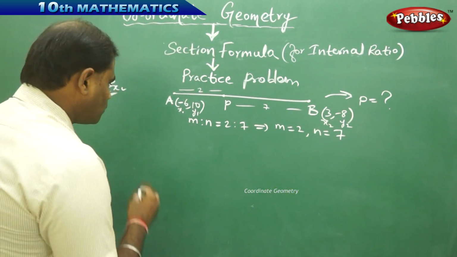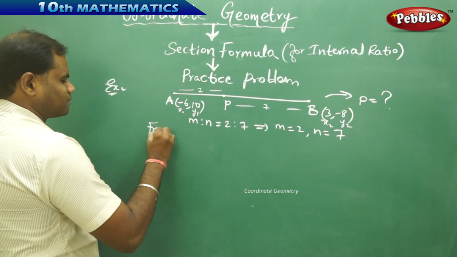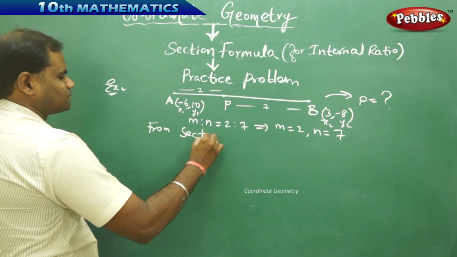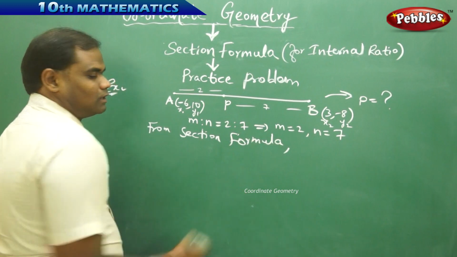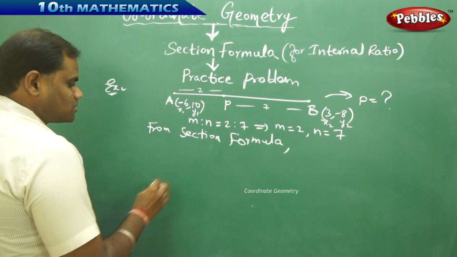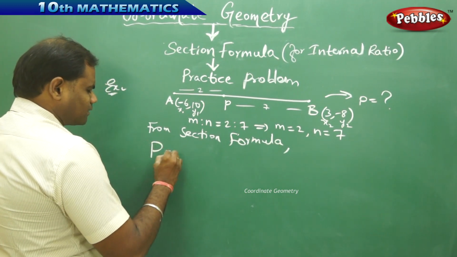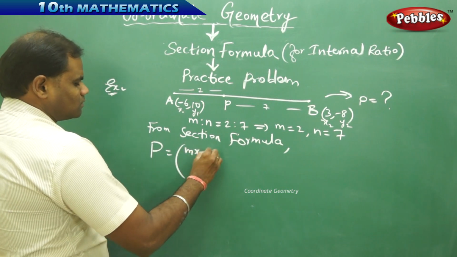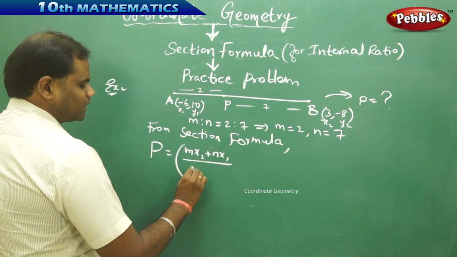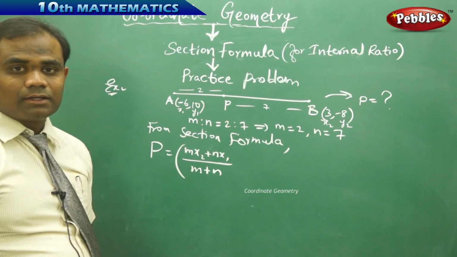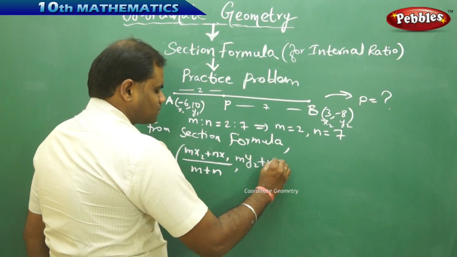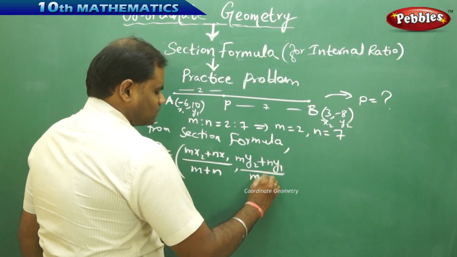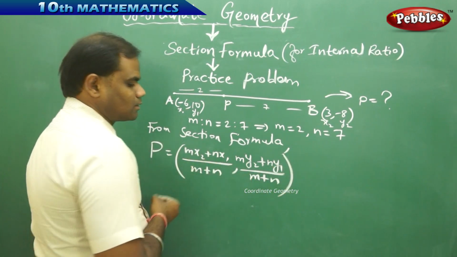Therefore, using the section formula, the coordinates of P are given by (mx2 + nx1) / (m + n), and similarly the y coordinate is given by (my2 + ny1) / (m + n).